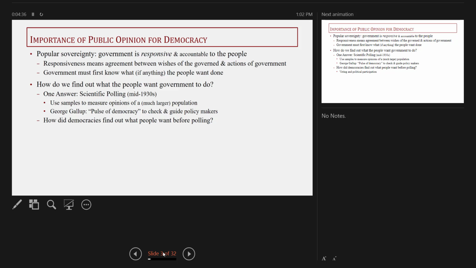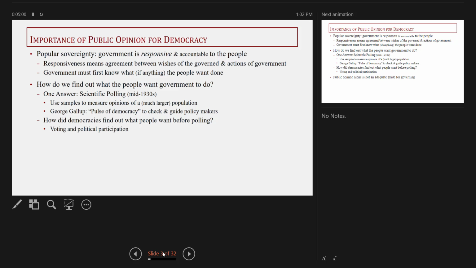But we need to understand that we've been doing democracies for a long time before the mid-20th century. So how is it that democracies in general, and American democracy in particular, found out what people wanted before we had the advantage of these public opinion polls?